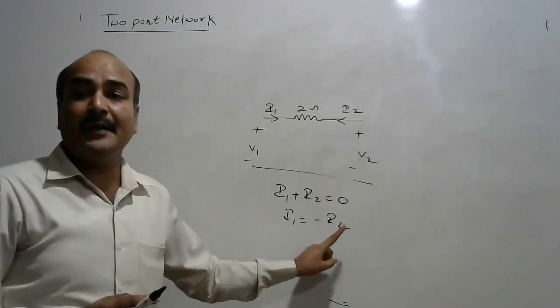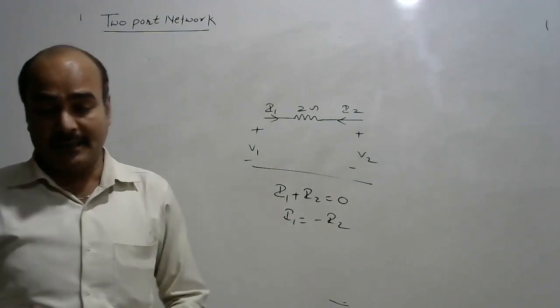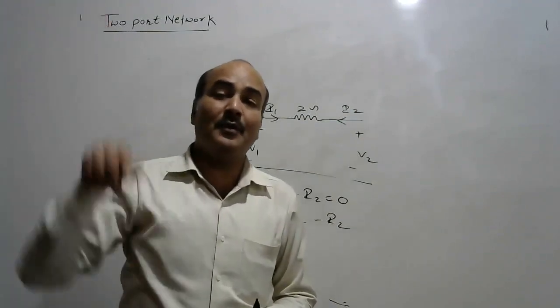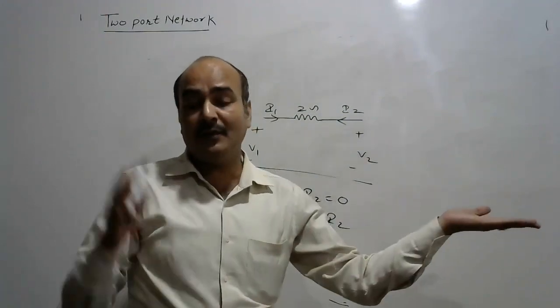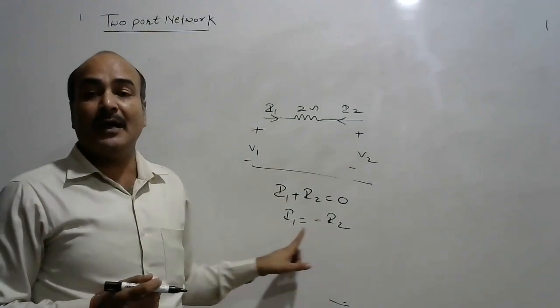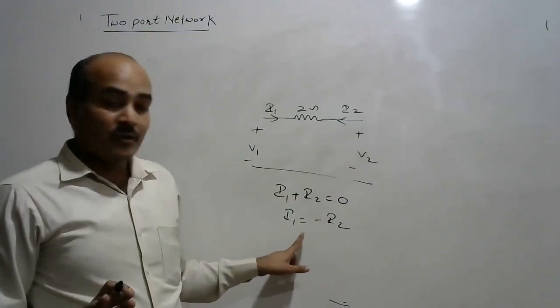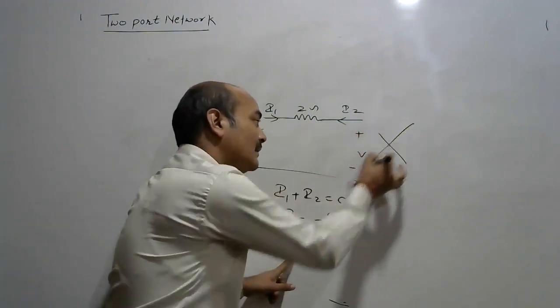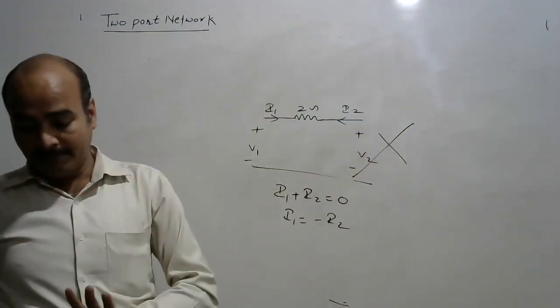So I1 and I2 depend on each other. But in Z parameter, we are saying that I1 and I2 are independent. Making I1 0, then I2 should not be 0. But here, making I2 0, I1 becomes 0. So we cannot find the Z parameter of this circuit.